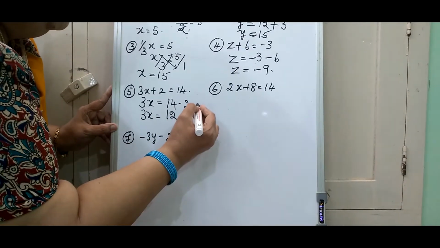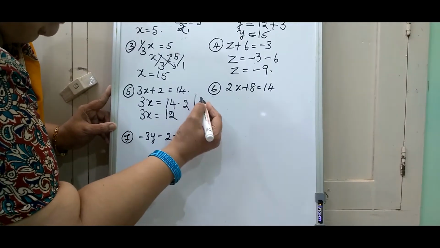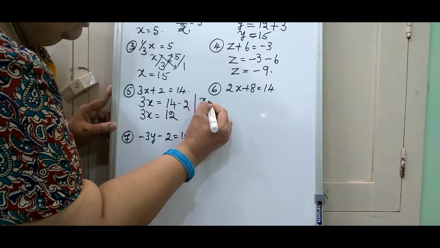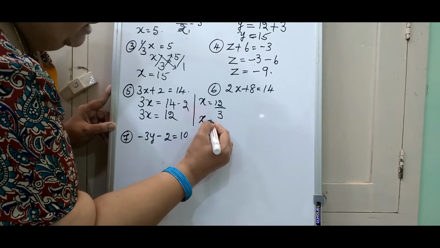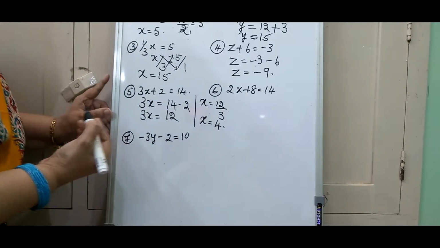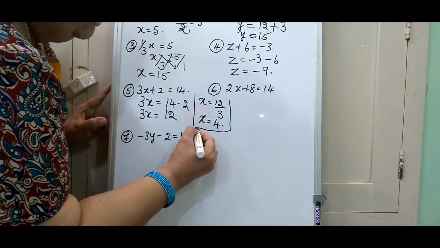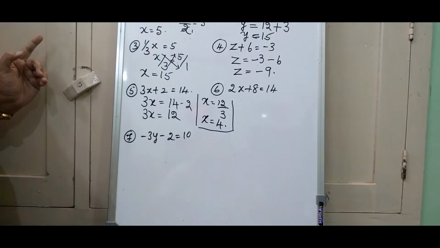And x will be equal to 12 divided by 3, so the answer will be x is equal to 4. So this is how we are solving this problem. x is equal to 4 is the answer here.